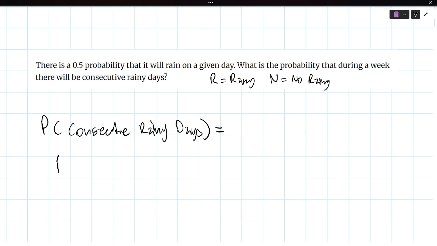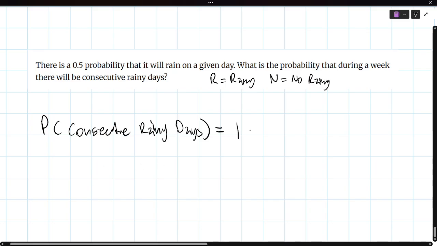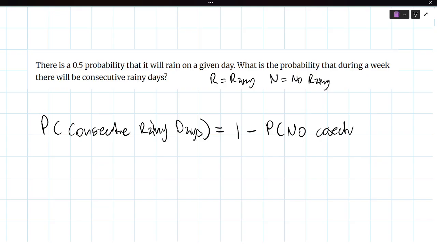So, for instance, P of A is equal to 1 minus P of A prime, the complement of A, given that A and A complement are independent, which is always true. So I can turn this into 1 minus the probability that there are no consecutive rainy days.